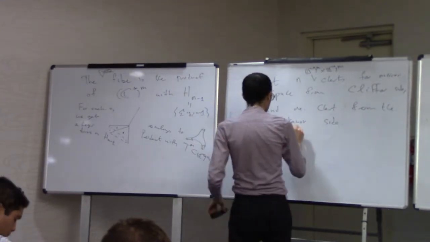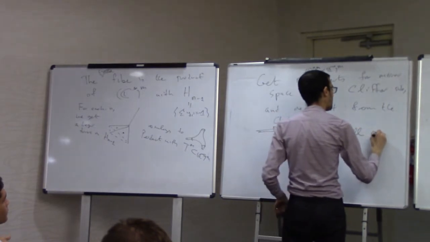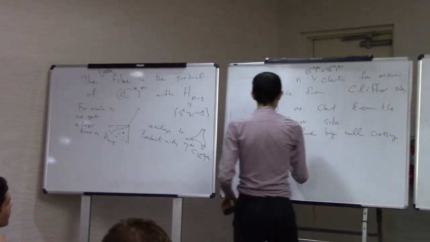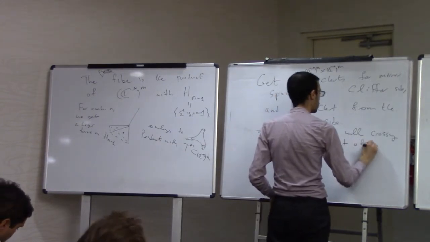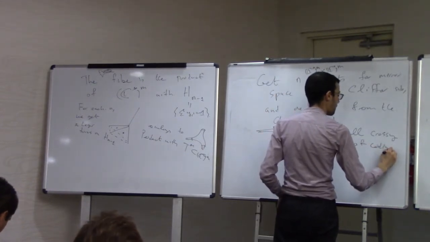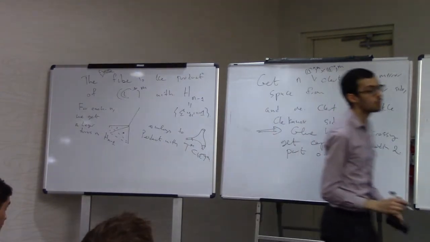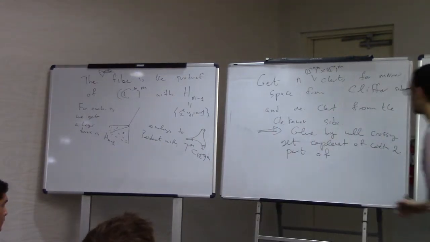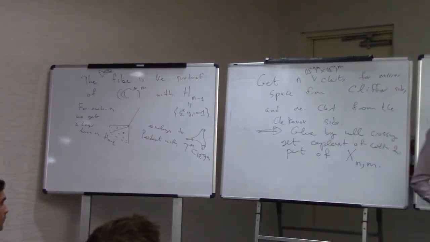And so this, then you glue together, and by wall crossing, you get a complement of codimension 2 part of the mirror space, which the reason I chose that terminology is because you just swap n and m.